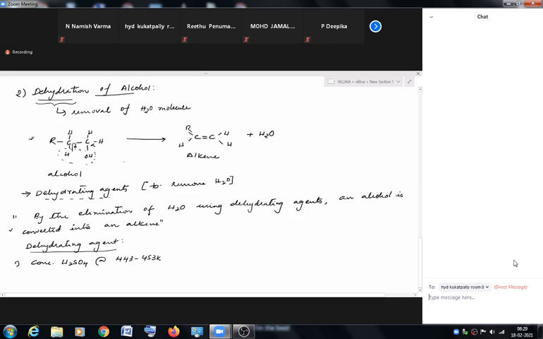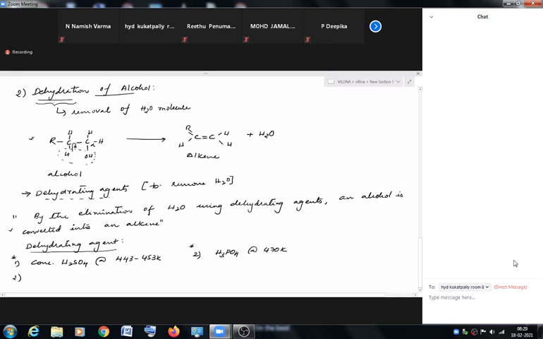Mostly you will come across concentrated H2SO4 or concentrated phosphoric acid, H3PO4, at some 470 Kelvin. These are the two common reagents that they will give on the arrow. They are just strong acids which will help in the removal of the water molecule. They are good dehydrating agents.